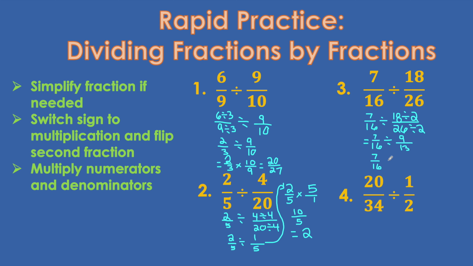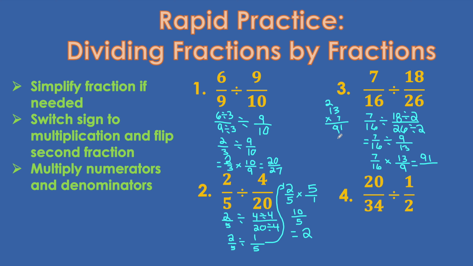Seven sixteenths, we're going to switch the sign, times, flip the fraction, 13 over 9, which would equal, let's do it over here, 13 times 7. We're multiplying the numerators. 3 times 7 is 21. 1 times 7 is 7, plus 2 is 9. Numerator is 91.